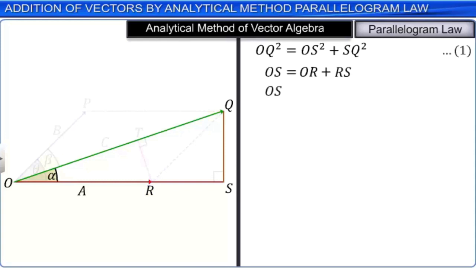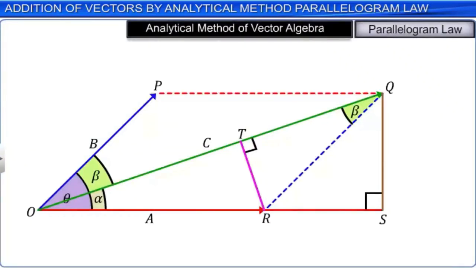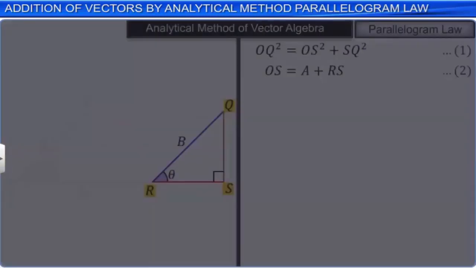The OS is given, as from the figure, by OR plus RS. Now OS can also be written as A plus RS because we know the value of OR is A. Now we take the next triangle, which is RQS.